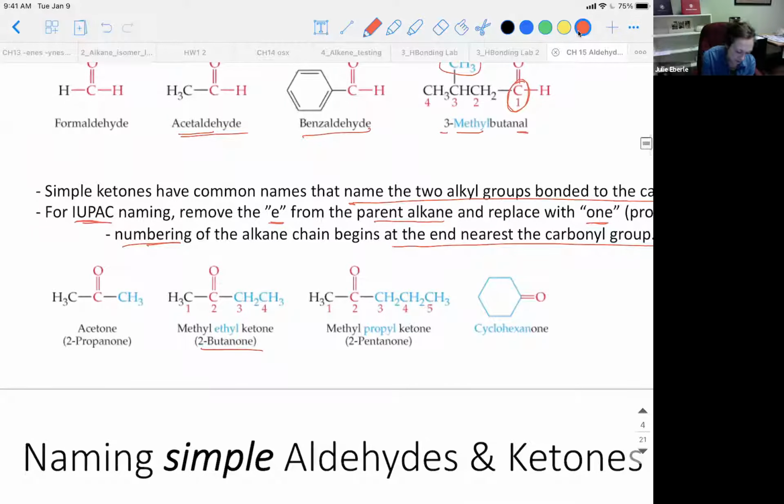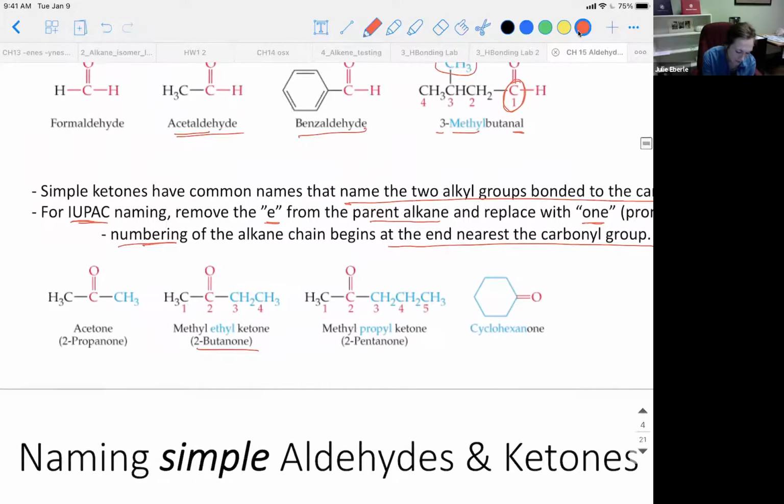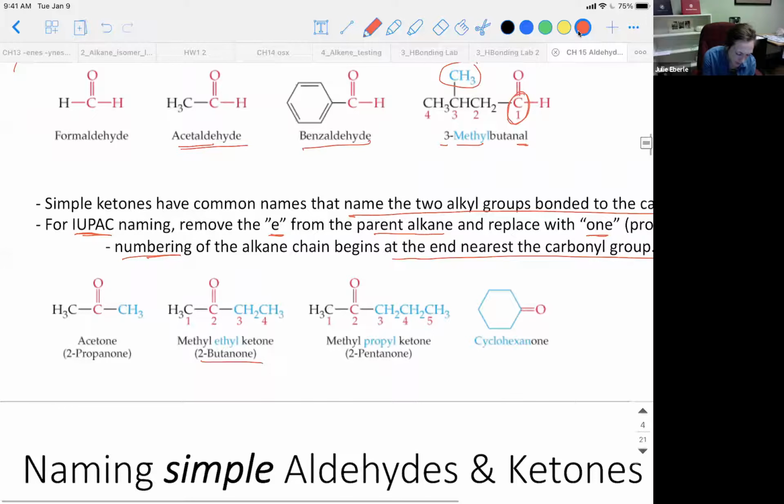So when we're numbering 2-butanone, we've got 1, 2, 3, 4 carbons. As an alkane it would be butane, but we take the E off and put O-N-E there, so butanone. And we do put the number here too, to indicate where that ketone functional group sits in my line of carbons, what carbon it's bonded to: 2-butanone.